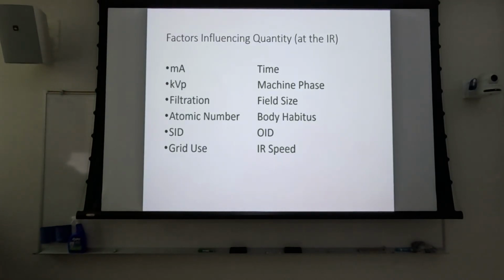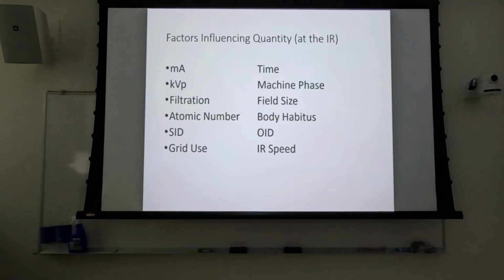OID, with the increase in OID, and this is something that a lot of times, even this late in the program, students have a hard time connecting the dots, right? So OID, you kind of got locked in: increase in OID, I need to increase SID, right? Which is true, to minimize magnification and to make sure that you don't lose sharpness of recorded detail.